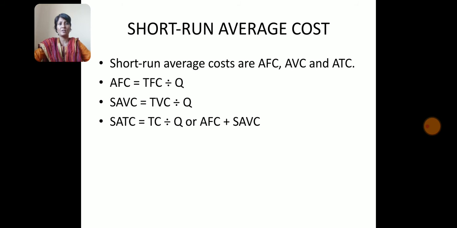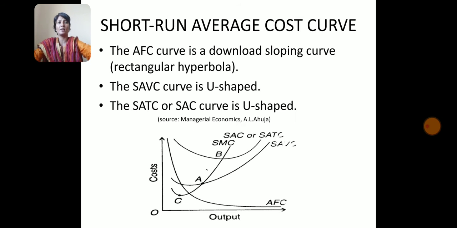That is TVC divided by Q. The average variable cost first declines with the rise in output as larger quantities of variable factors are applied to fixed plant and equipment. But eventually they begin to rise due to the law of diminishing returns. Thus, the SAVC curve is U-shaped.